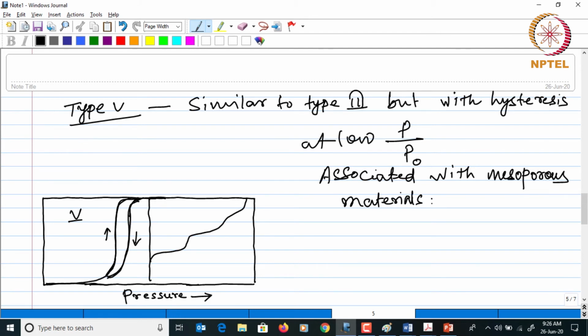And this kind of shape of the isotherm can be attributed to the weak adsorbent interaction. So here also the interactions between the adsorbate and the adsorbent are weak.